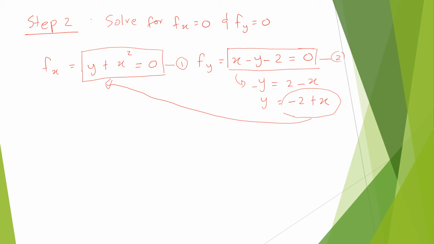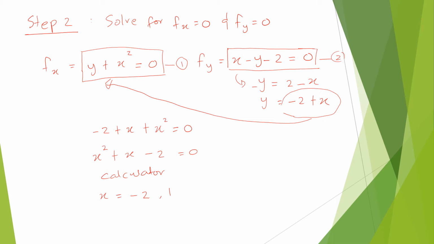So we will get -2 plus x, squared, equals to 0. Okay, and then rearrange this to make sure it is in order, and then you just use your calculator for quadratic. Okay, and then you will get your x equals to -2, 1.